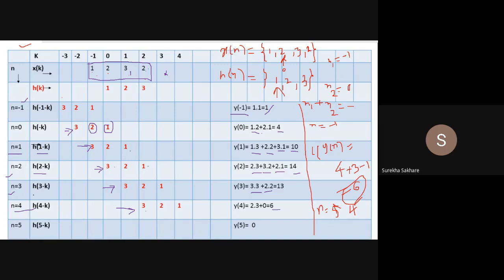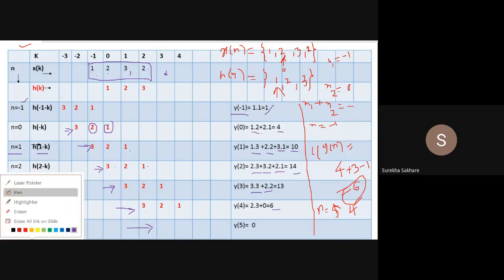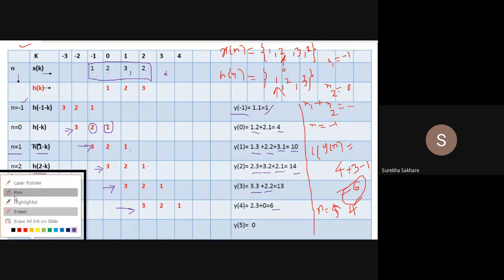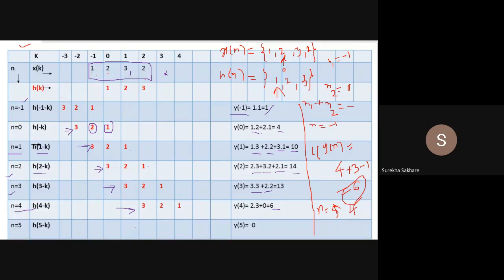That's it. Now when you go further to n equal to 5, just see, we'll shift this. Then you have it like this, 3, 2, 1. See, there is no overlap.